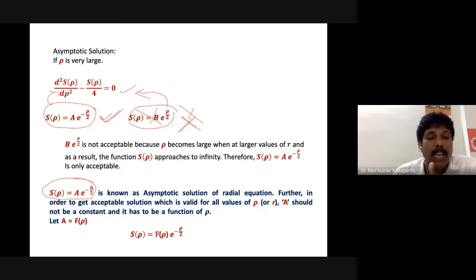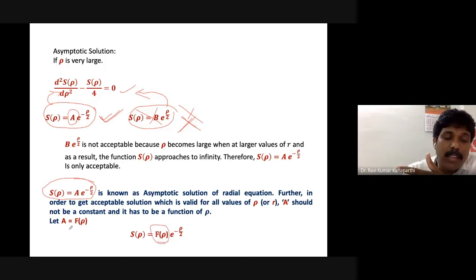So in order to have a unified solution, the constant has to become a function. Let us assume that a is nothing but f of rho. A cannot be a constant; it has to be a function.